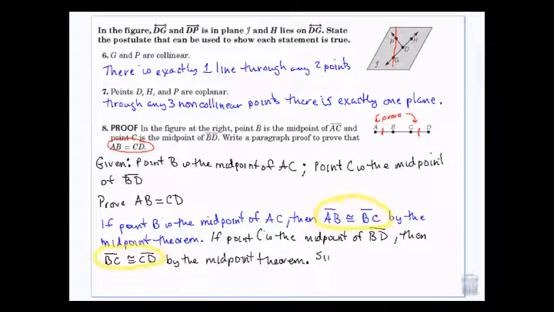So we have since AB is congruent to BC and BC is congruent to CD, then AB is congruent to CD. Do we know why?